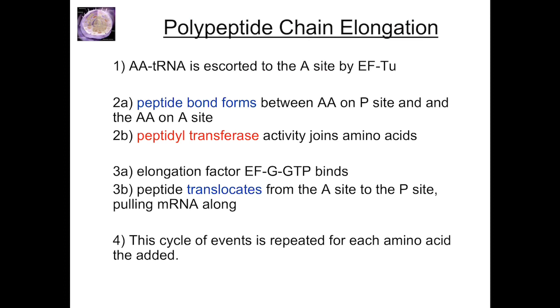Okay, so this slide shows you all the steps in more detail. So just want to remind you, there's the enzyme called peptidyltransferase, and that's the one that actually joins one amino acid to the next amino acid and forms that peptide bond. And then translocation occurs to move the whole mRNA and the ribosome one codon down.